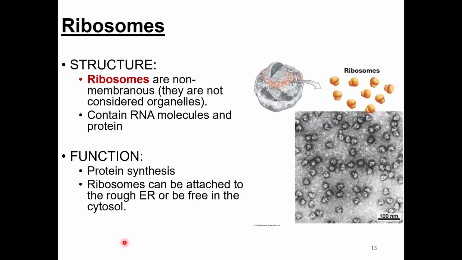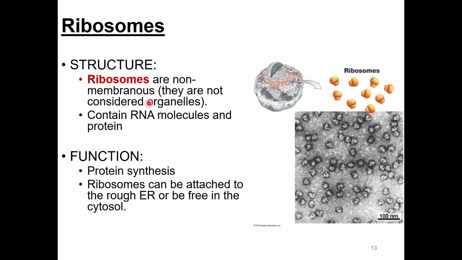Now, I keep saying the organelle ribosomes. What are they? What do they do? So ribosomes are organelles that are primarily functioning in protein synthesis. They can be either free in the cytosol, or they can be in the rough endoplasmic reticulum.